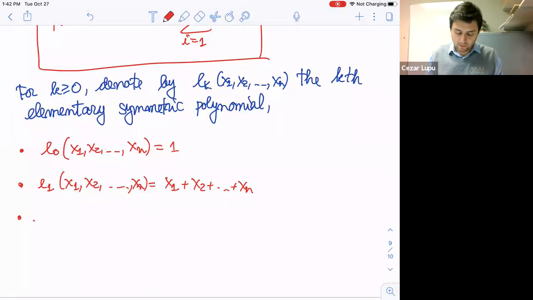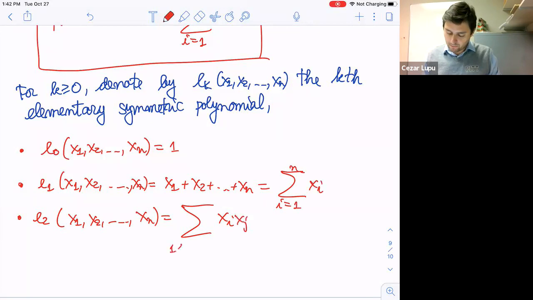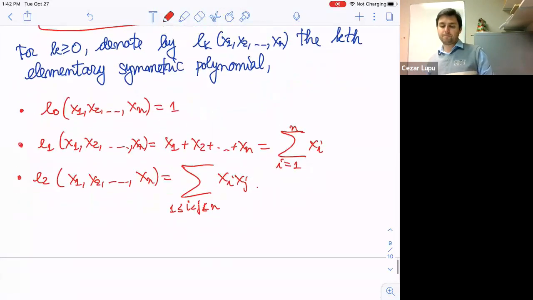E2, let me write another one, and you'll see the similarities. This will be this sum. So this is the sum of i equals 1 to n of xi. And this is this sum. Right?